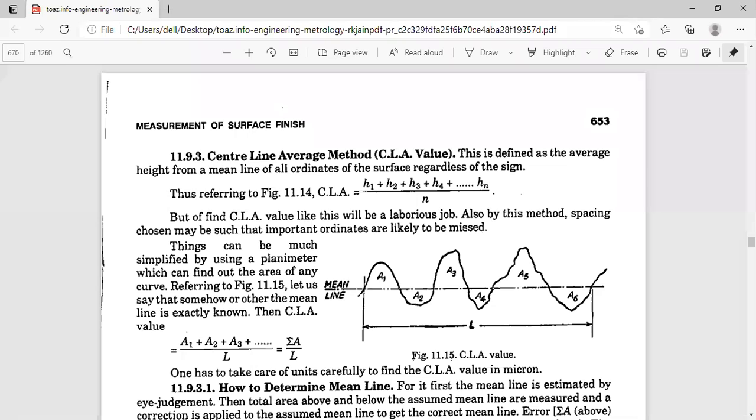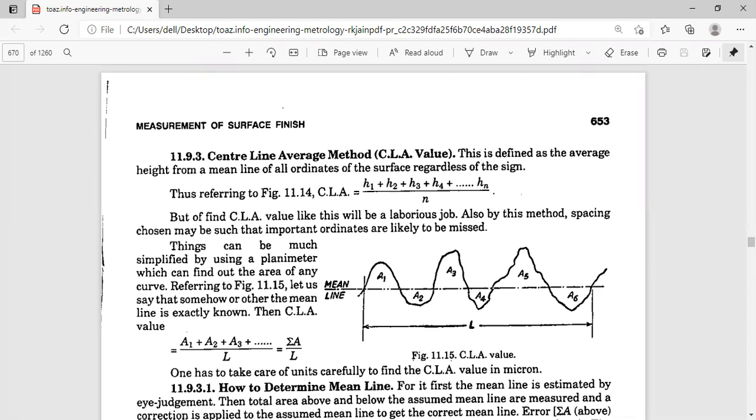The best method for finding the CLA value is, instead of taking the heights, we can take the areas A1, A2, A3.